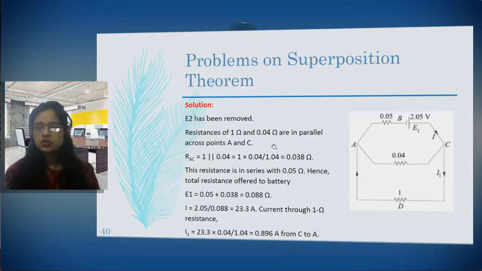So we will find the equivalent of these two resistances, since they are in parallel, across AC. The equivalent resistance RAC will be 1 parallel to 0.04, and the value is 0.038 ohm.